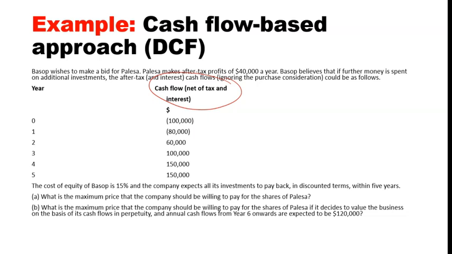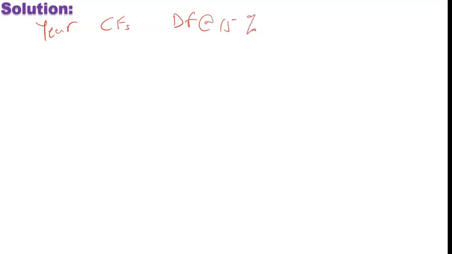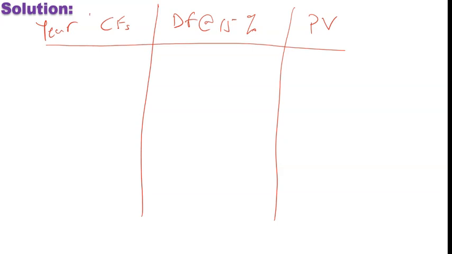Now let us do it. Okay, the cash flows, and then discount factor at 15%, then the present values. So we're looking at year 0, year 1, year 2, year 3, year 4, and year 5.